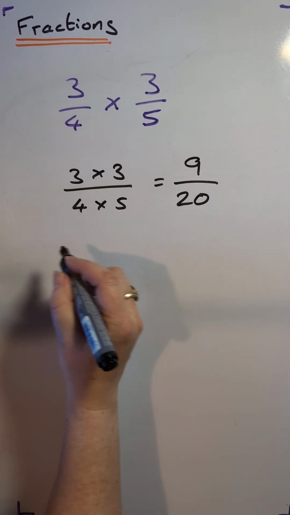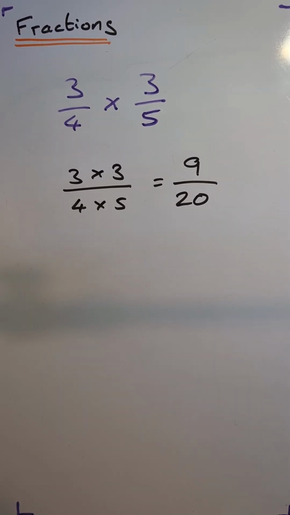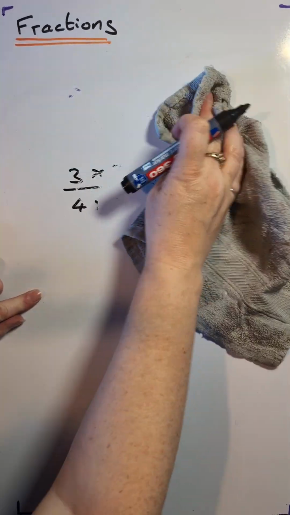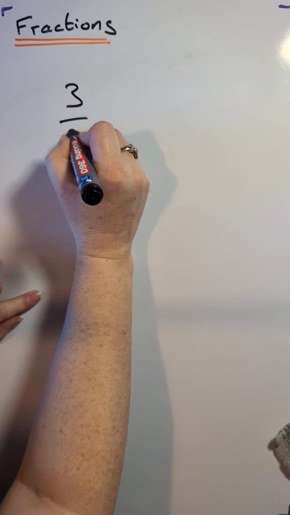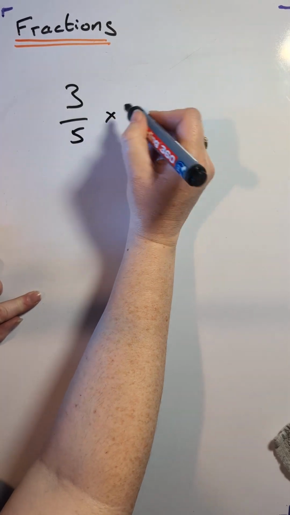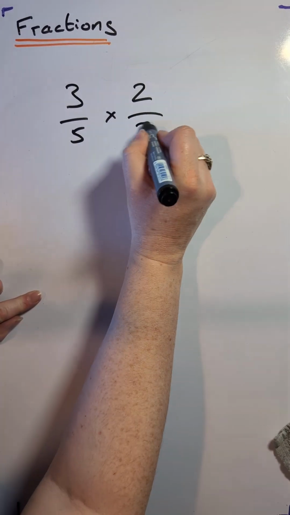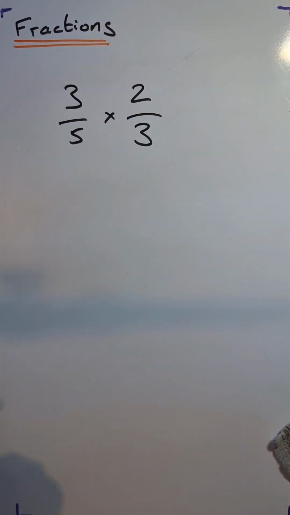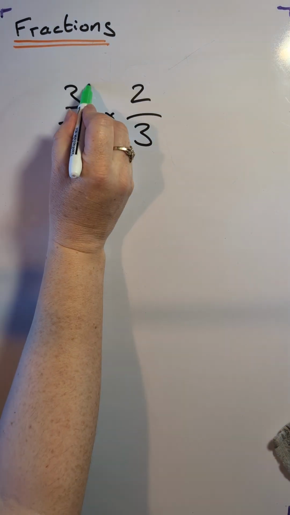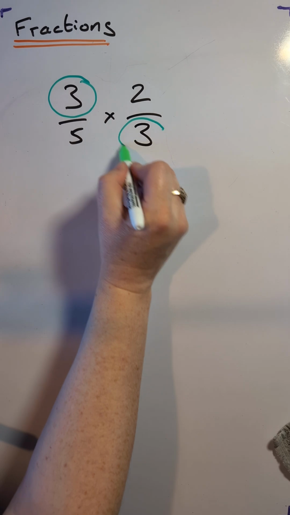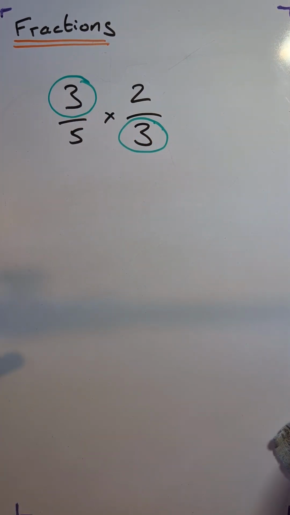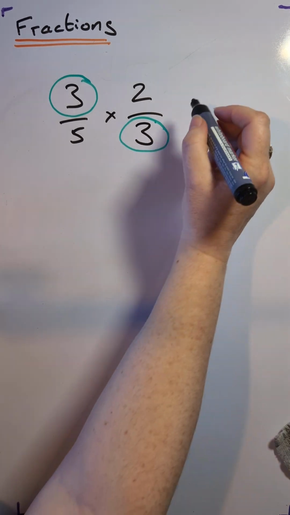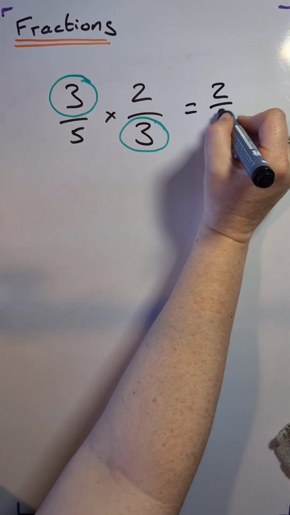So if I had, let me think of one, stick with the threes, 3/5 times 2/3. Here you can see I have got 3 on my top row and a 3 on my bottom row. They can cancel each other out. So I end up with 2/5.